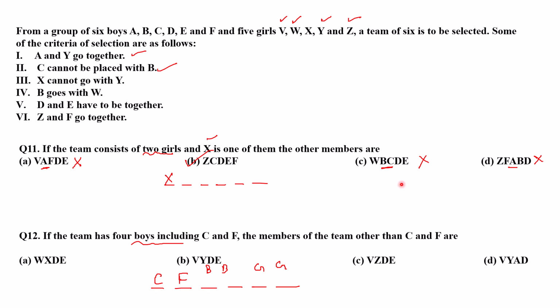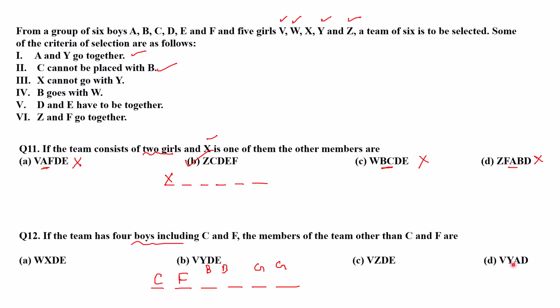So if you see here C and F, let's see the condition with C and F only. C cannot be placed with B. So is there any option where B is there? No, it is not there, isn't it? Now the F condition is if F is going, Z should also go. So which option is having Z? Here Z is not there, here Z is not there.